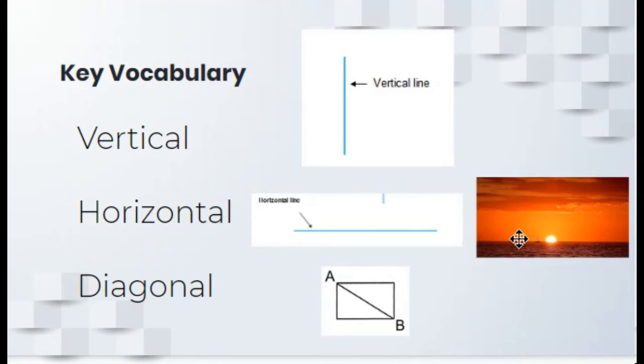One thing that's really helped me throughout my life is thinking of horizontal as horizon. The sun sets on the horizon, which is always going to be left to right unless you're in some crazy world where you're turning your neck and all that stuff. And then last but not least, we could describe it as diagonal. Diagonal would be going from a top corner to the bottom corner or bottom corner to the top corner. So these are three ways that we could be describing our symmetry.